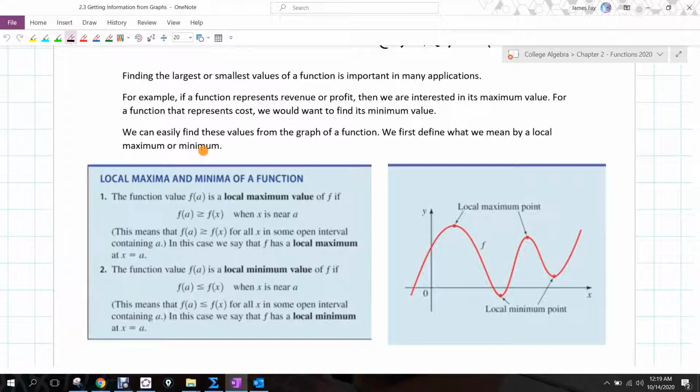It says finding the largest or smallest values of a function is important in many applications. A lot of times you have done these where we want to maximize a profit, maybe minimize a cost.